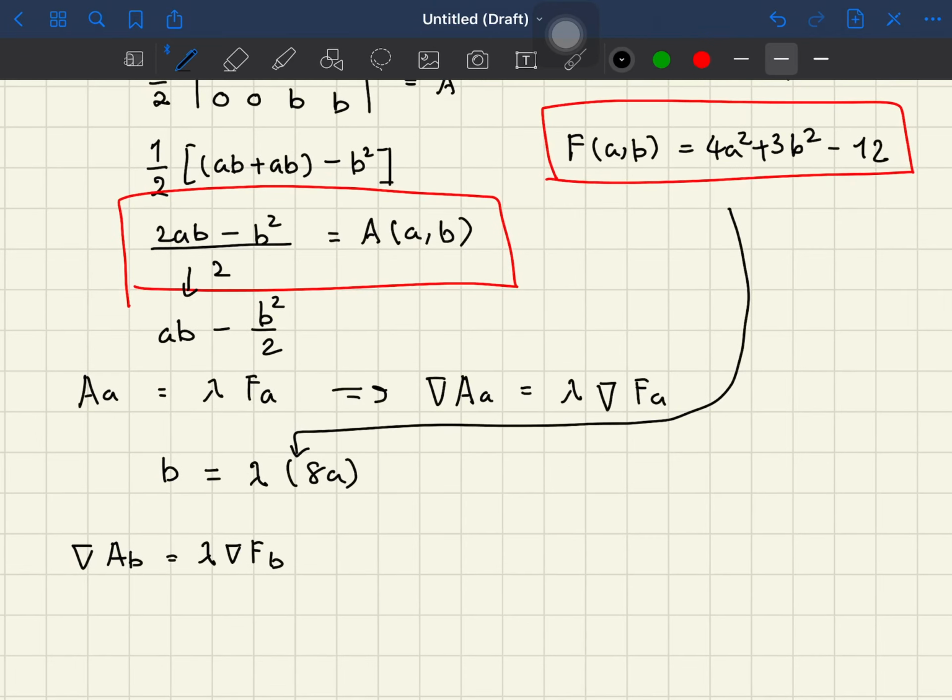You will have here a minus b equals to lambda times, in this case, because with respect to b, we have 6b here. So, yeah, which is in this case better.